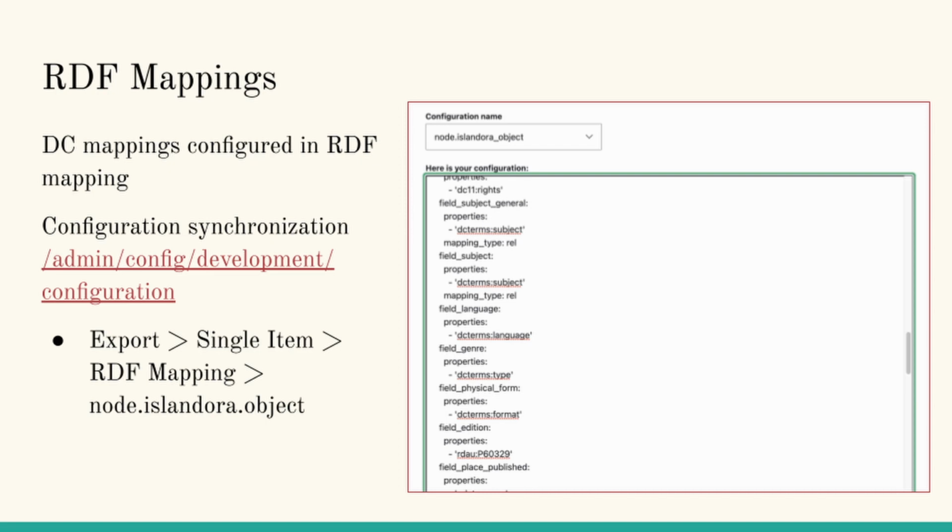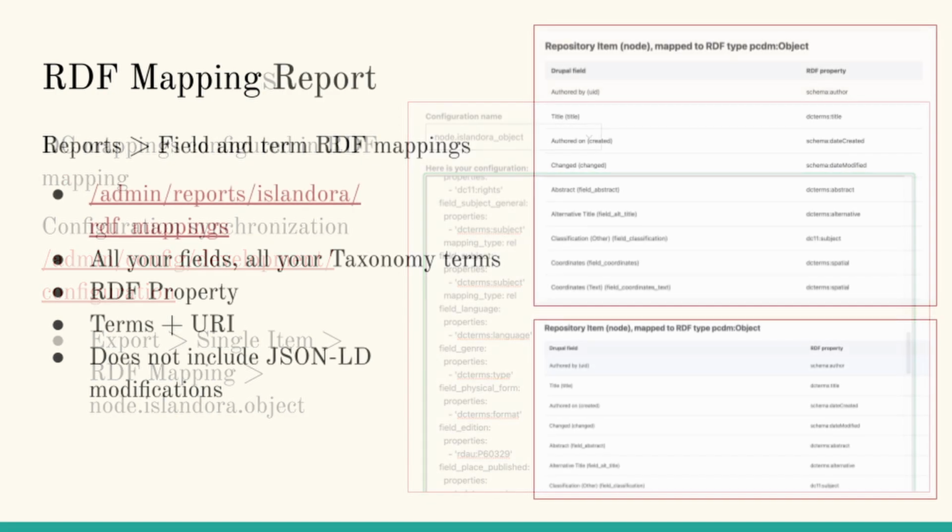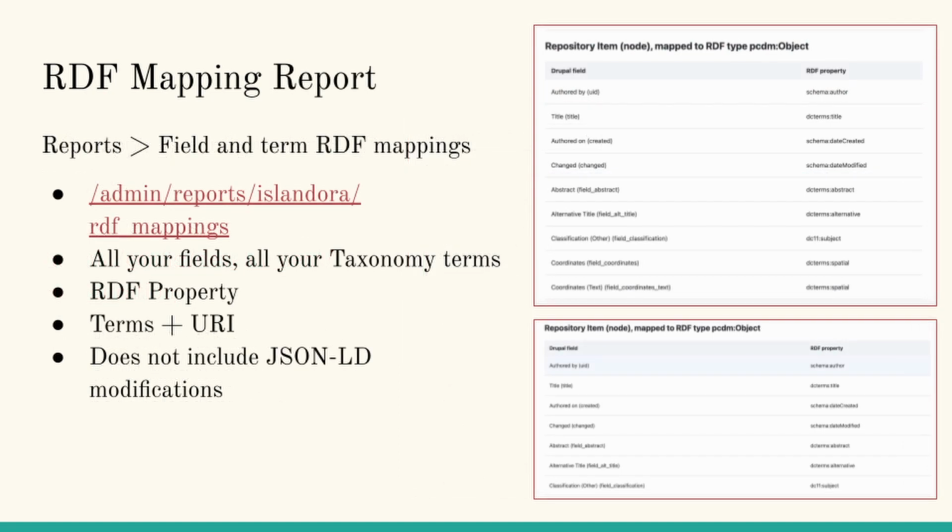Field genre being mapped to DC terms type. And these mappings can be exported, edited offline, and then re-imported into the system in order to make some adjustments to those mappings. The RDF mapping takes care of the schemas that your various fields are mapping to.